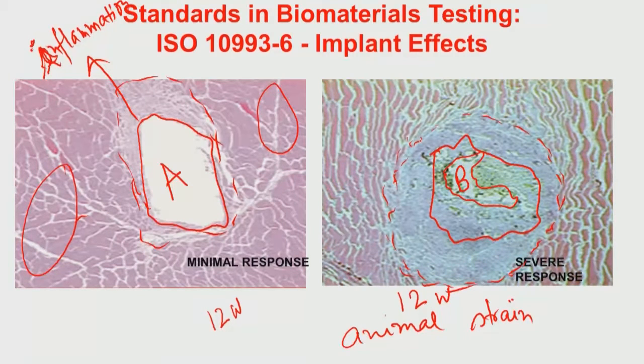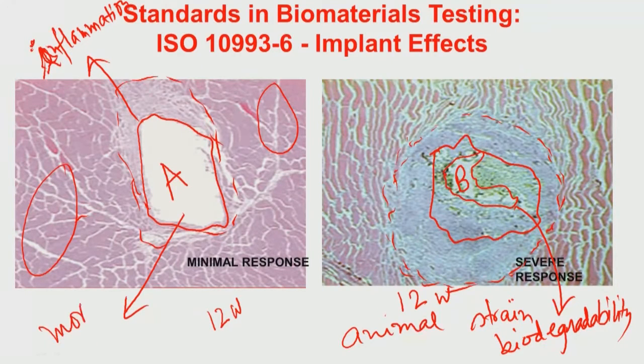So, certainly material B is more biodegradable in nature. It shows a reflection of biodegradability as well as severe response, whereas this is more like biostable or bioinert behavior.